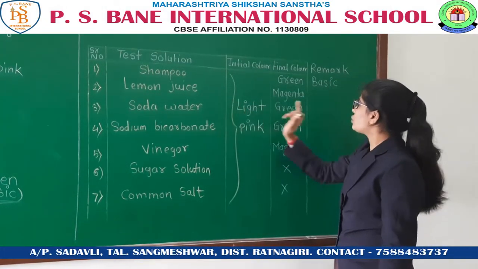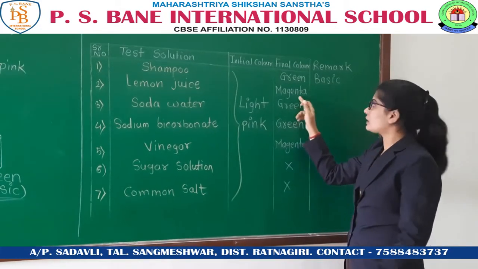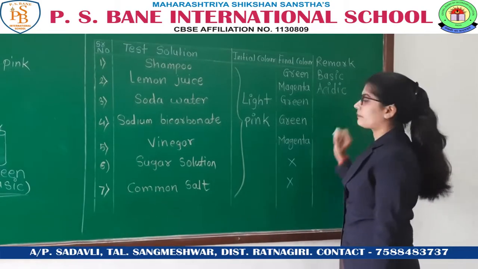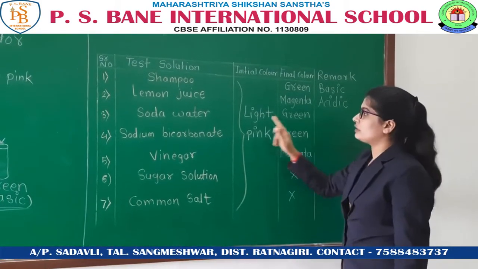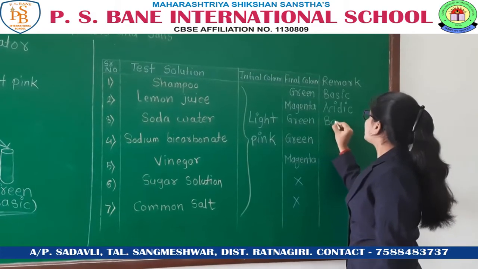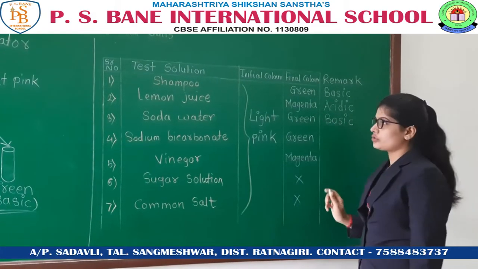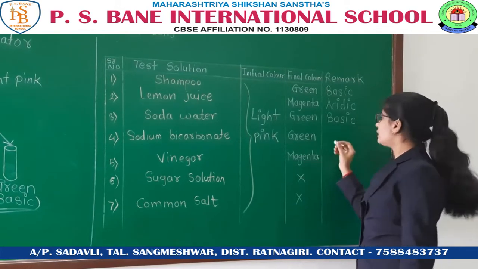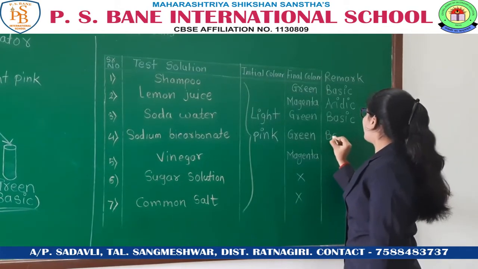Next, lemon juice, which is magenta in color. So the nature is acidic. Next, soda water changes to green color. That is also basic in nature. Sodium bicarbonate is also green in color, right, here basic.